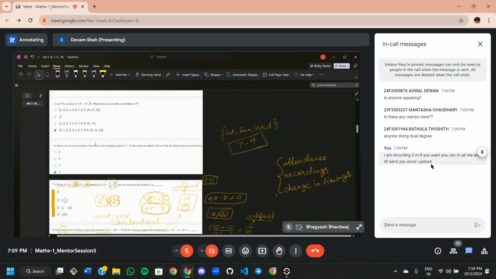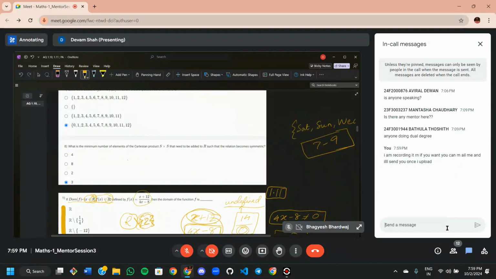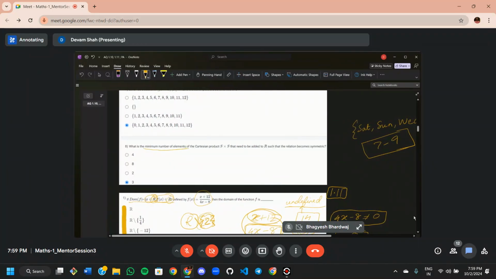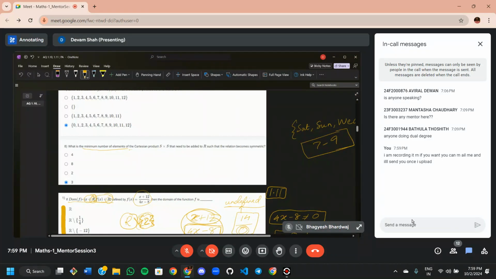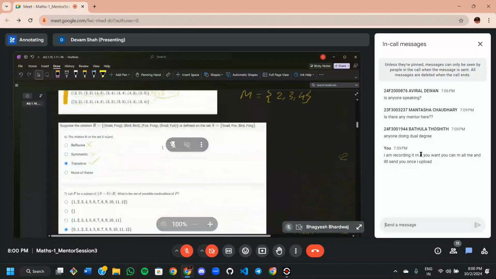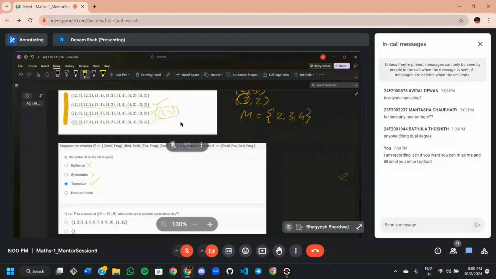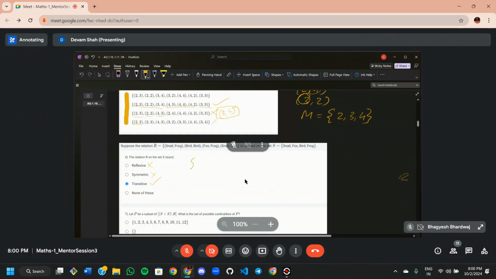So continuing with the question: what is the minimum number of elements of the Cartesian product S cross S that need to be added to R such that the relation becomes symmetric? Now we already know that it is not symmetric, right? Yes, sir.